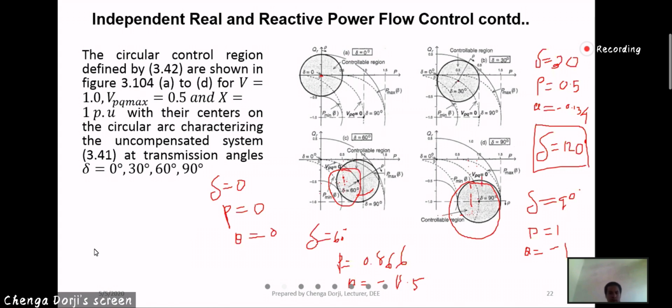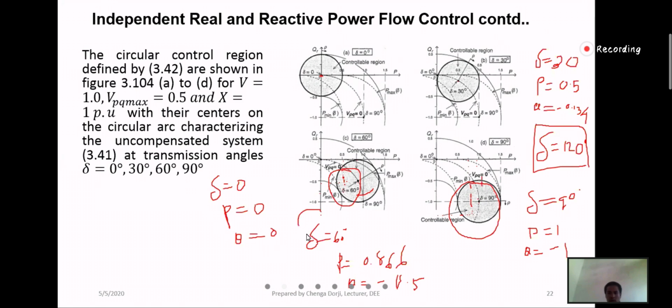Now can you draw 180? Sin 180 is 0 here. Then q is minus 2, somewhere else here. With this as center, draw now.